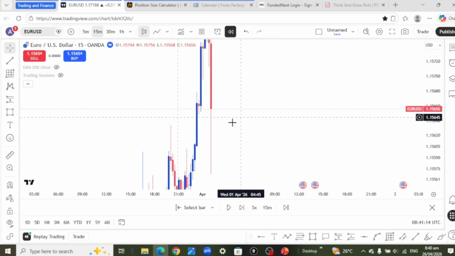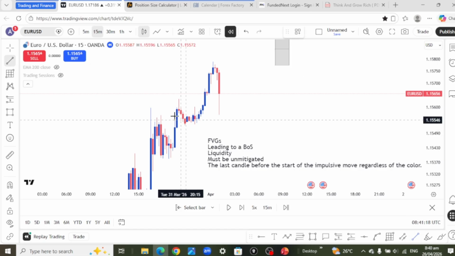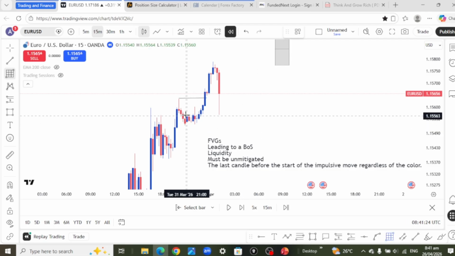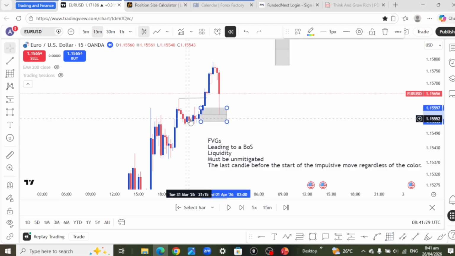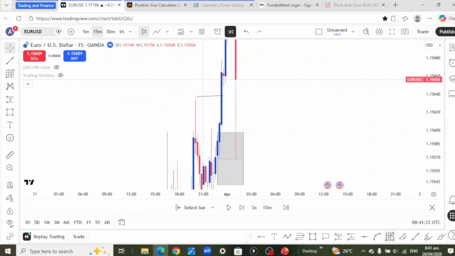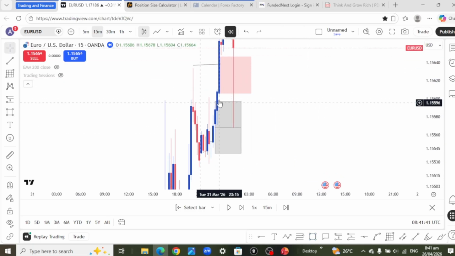And you can see that the last candle that led to this break of structure is this candle. Right after that candle, the massive move started. The massive move happened from this candle to this candle. That's the massive move. That's our fair value gap.